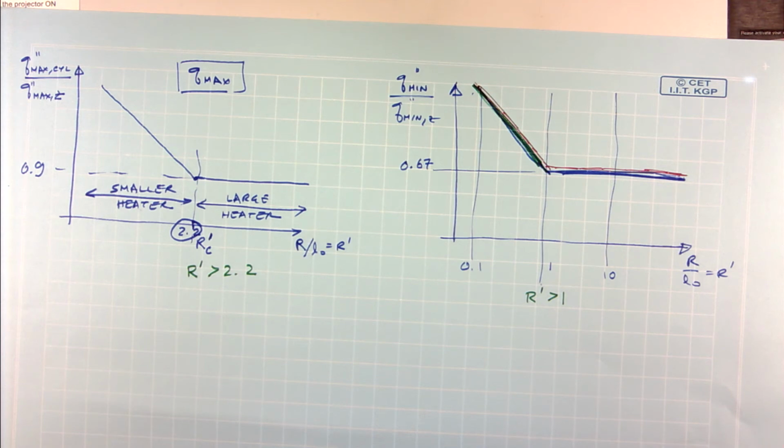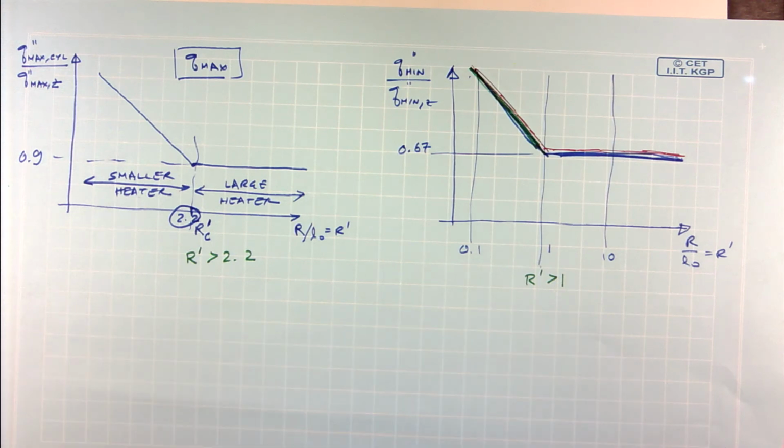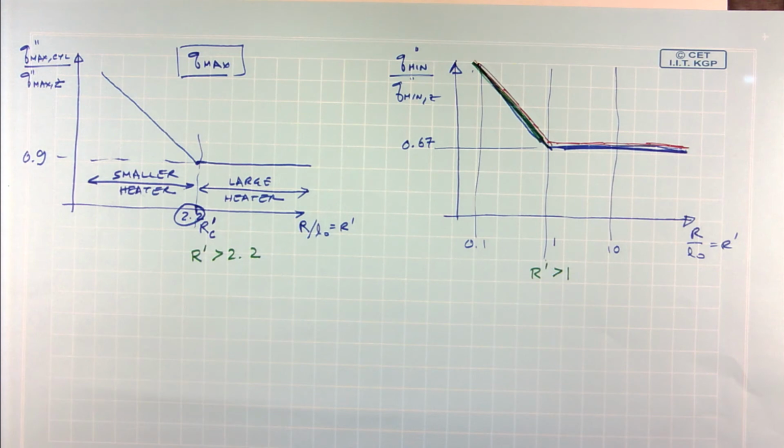Okay, because if I do a heater which is more than 1, it will become a small heater in nucleate boiling and large heater in film boiling. So, you will get a very convoluted data. Okay. So, it is important to be aware of these nuances before you start designing your heater apparatus. Okay.